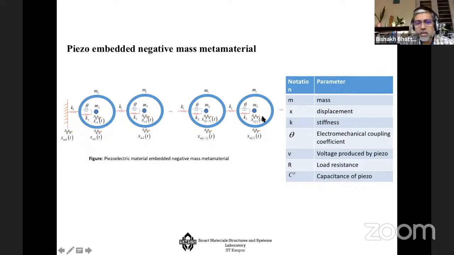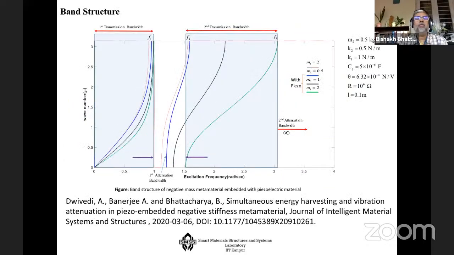If you look at this entire system in different frequency bandwidths, what you will be astonished to see is that in certain frequency bands there is a drop in terms of the wave number, in the sense that there will be complete attenuation. That means no wave will be able to pass through such a system. So it will work like a selective attenuator.